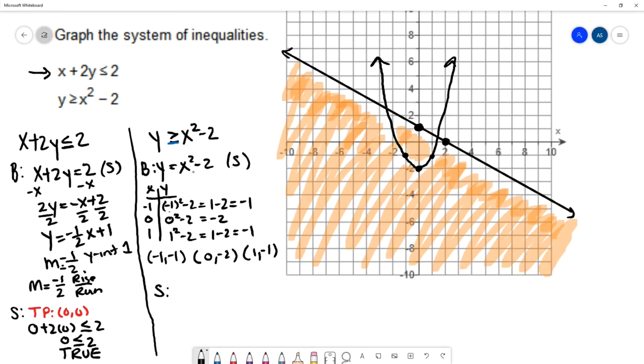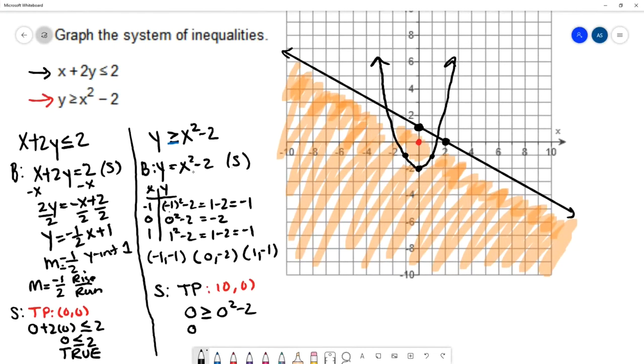Once again, we need a test point. And the only rule is that you have a test point that's not on the line. So we can use (0, 0) again, since (0, 0) is not on the line. We're going to substitute that into the original inequality. 0 is greater than or equal to 0 squared minus 2.